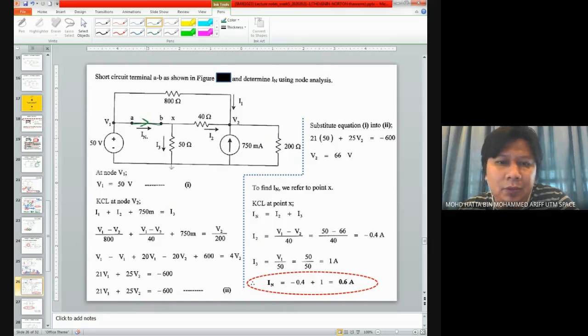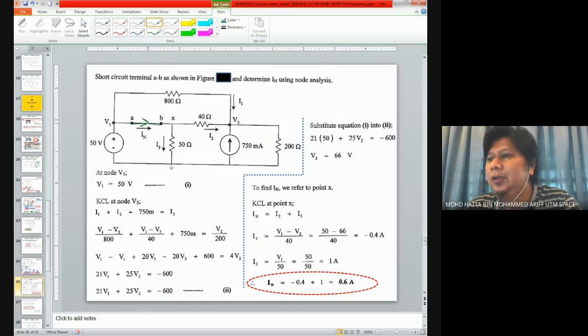But remember, if you put it that way, please remain that direction towards the end of your analysis, as well as please be more selective in terms of pointing the current direction.